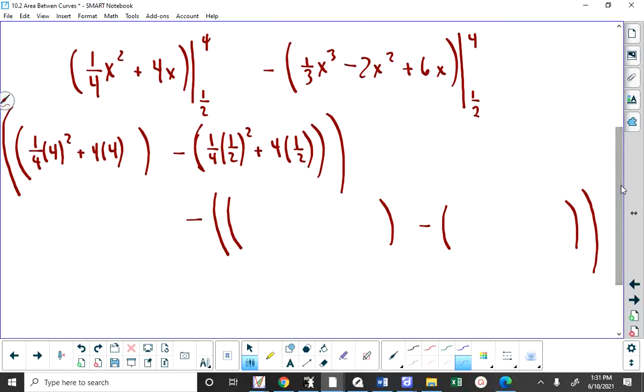Then I'm going to have to take 1/3 times 4 cubed minus 2 times 4 squared plus 6 times 4 minus, I do the same thing at 1/2.